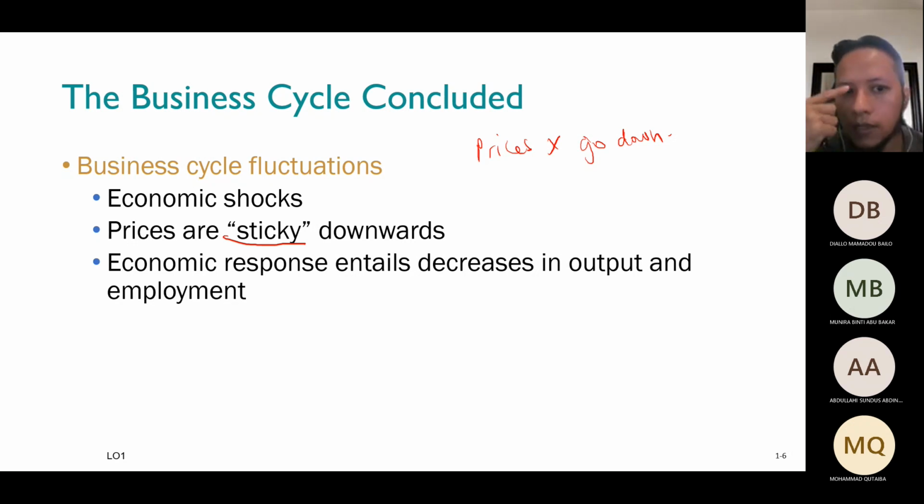This is a factor that also affects the economic output. When prices are not flexible enough, we've learned about this when it comes to price elasticity.